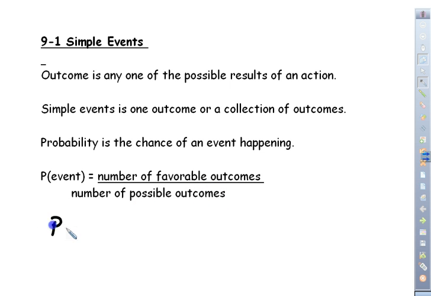So if my P, probability of a 6, and again we're talking about rolling a number cube or dice, number of favorable outcomes, well, we only have one 6 on a die, and number of possible outcomes, there's a total of 6. So my answer to this, the probability of rolling a 6 on a number cube or a die, would be 1 out of 6.